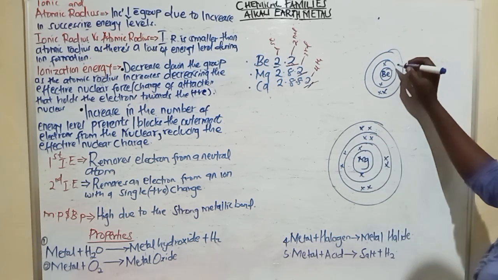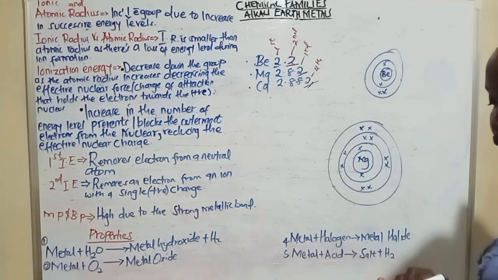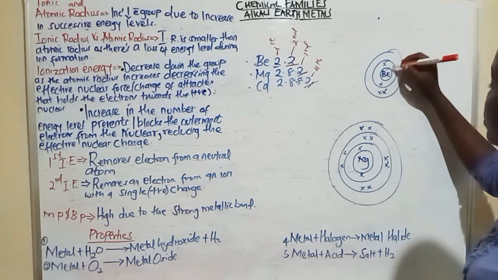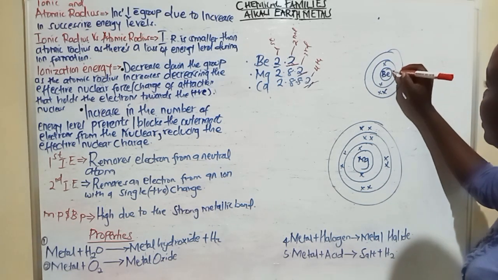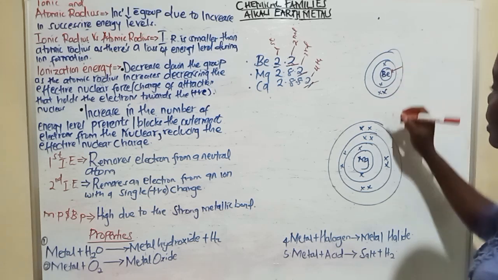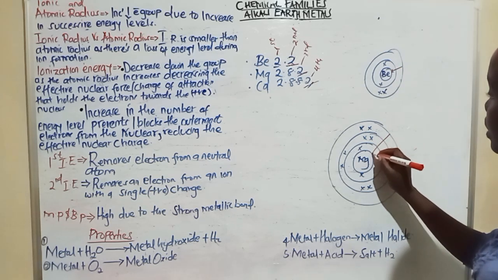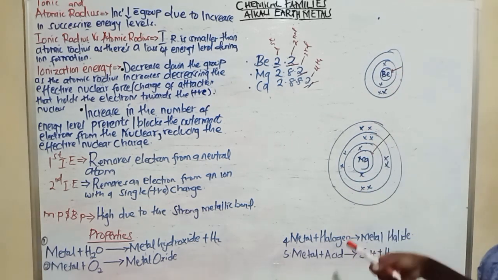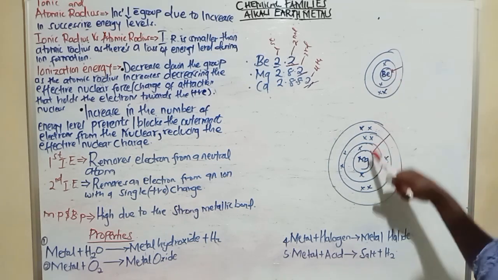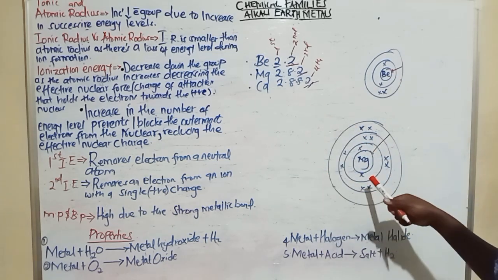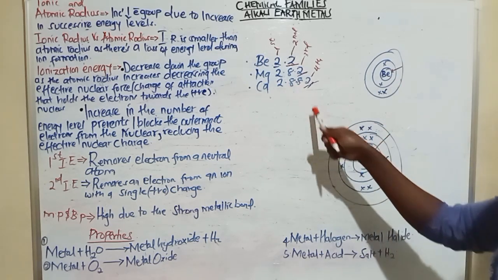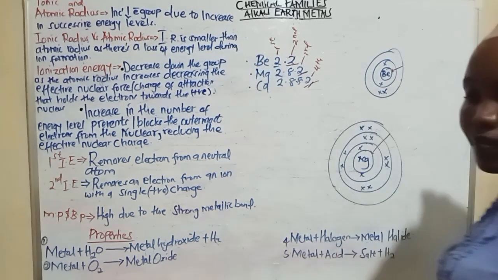So you can see the distance from the nucleus to the outermost energy level, that is our radius. As you can see, the radius is increasing from beryllium to magnesium, meaning it's also going to increase when you go to calcium. So that is the atomic radius.